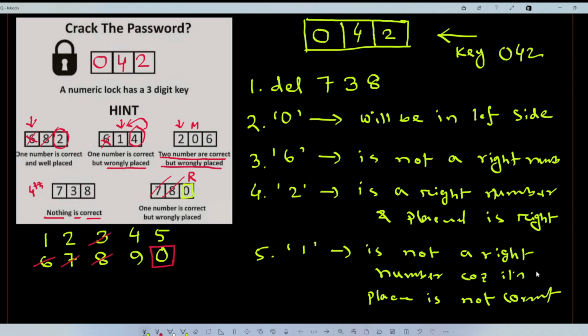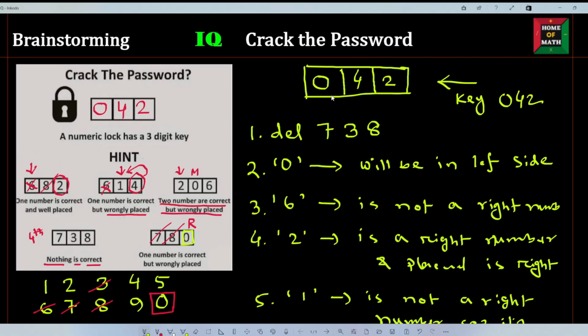Okay. So we already get our answer. This is very interesting. Actually my describing power is not so good, but look at this thing. This is a correct format. We can easily find out the 3-digit key.